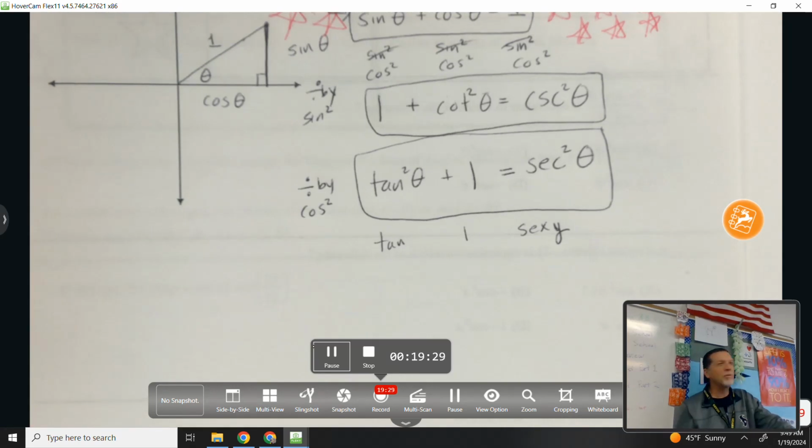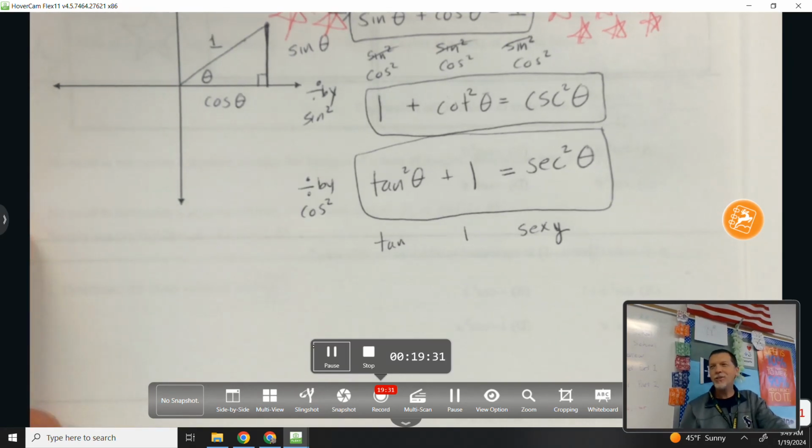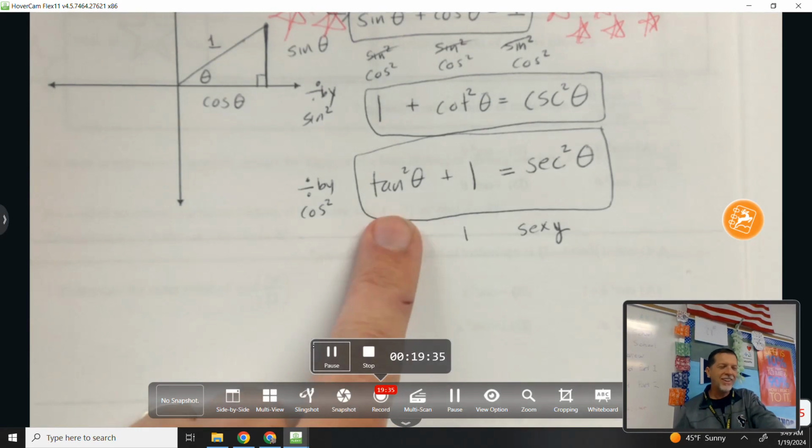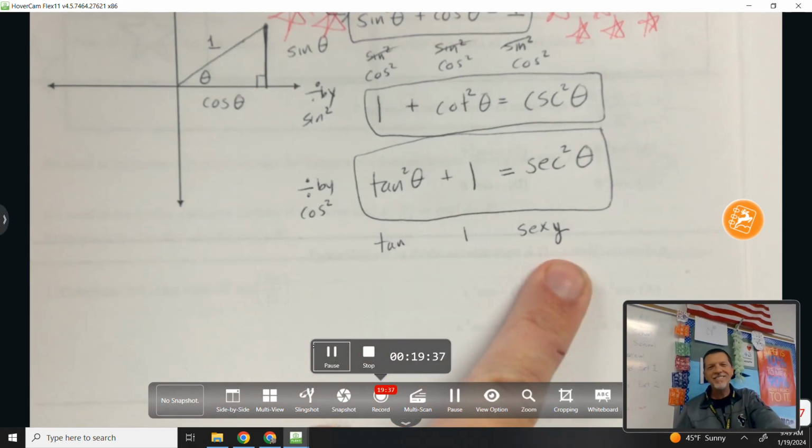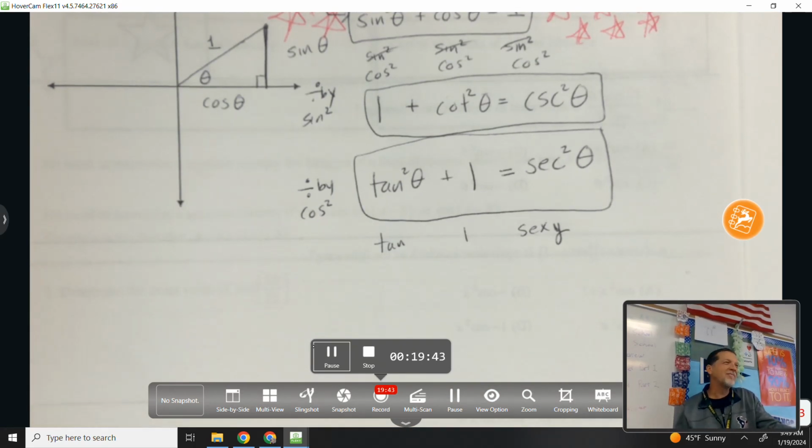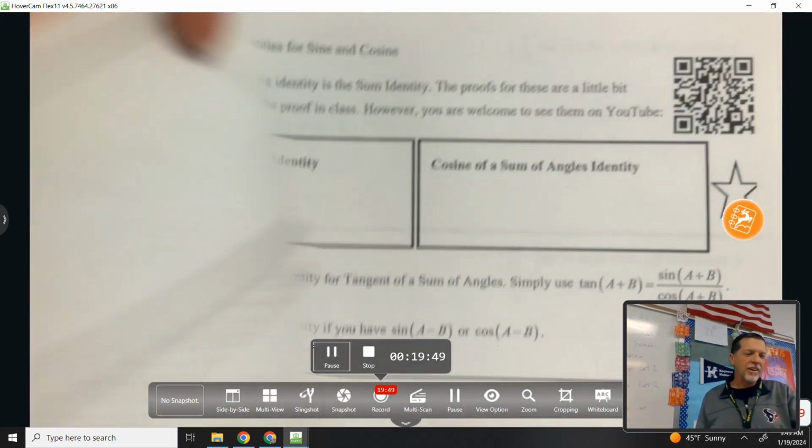Everyone's like, whoa, what did Mr. Wolf just say? If you're trying to remember who pairs with who, tan one, secant, sexy, I don't know. That's nice. So if you need to memorize them, there you go. I just memorized the first one and figure out the others.